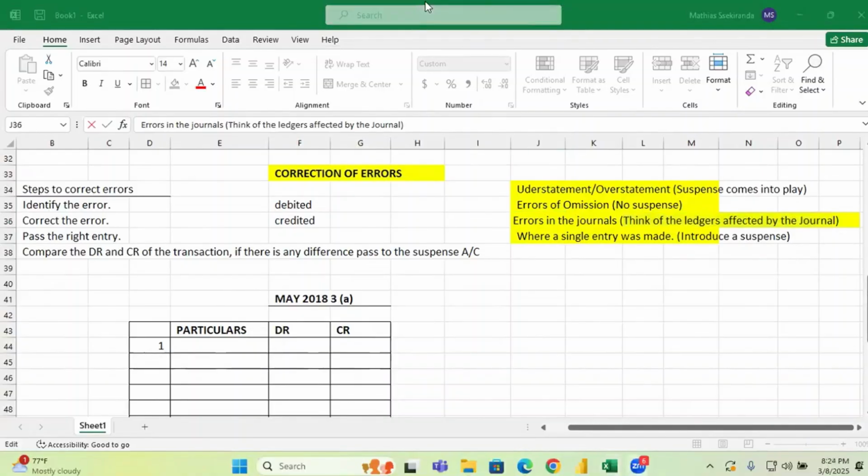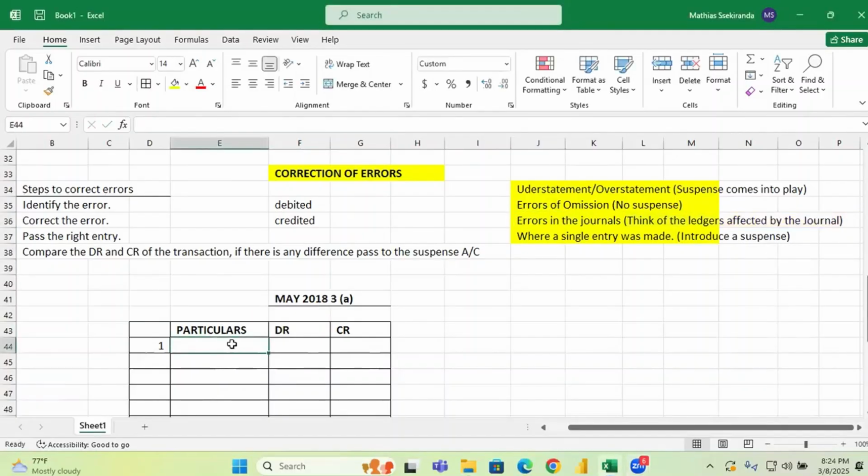Please, you also do your part. Okay? If it means going back to the recordings, revisit recordings. If it means discussing, guys, discuss. Otherwise, when I keep pushing back, when shall we complete the syllabus? Okay? So, understatement of the sales journal automatically understates the ledgers affected because the journals feed into the ledgers.